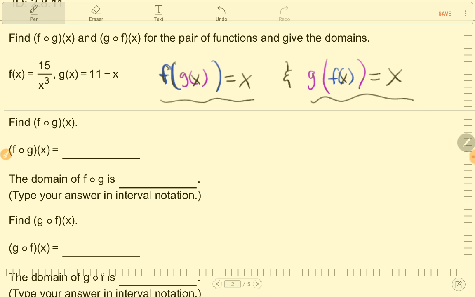And what that means is that they undo each other. So that's a very useful relationship to have in some cases.